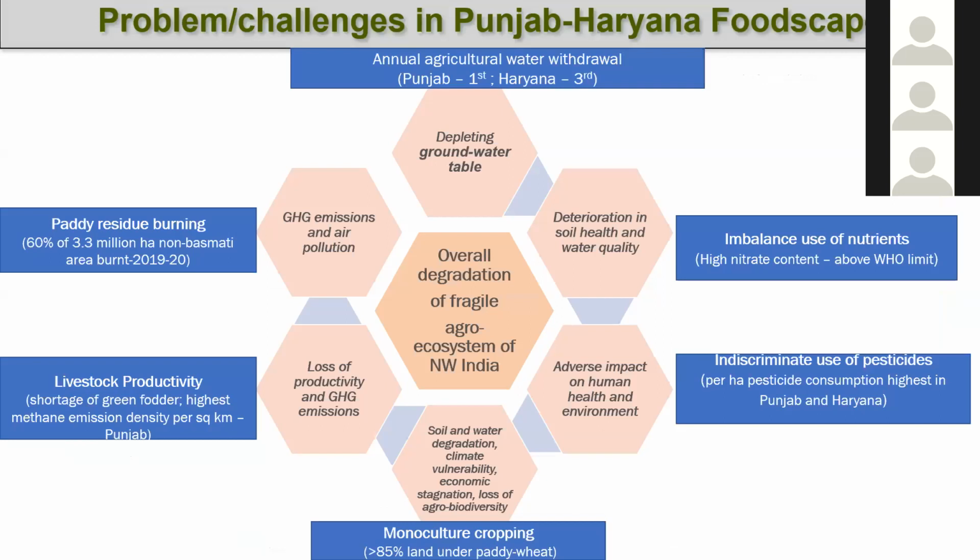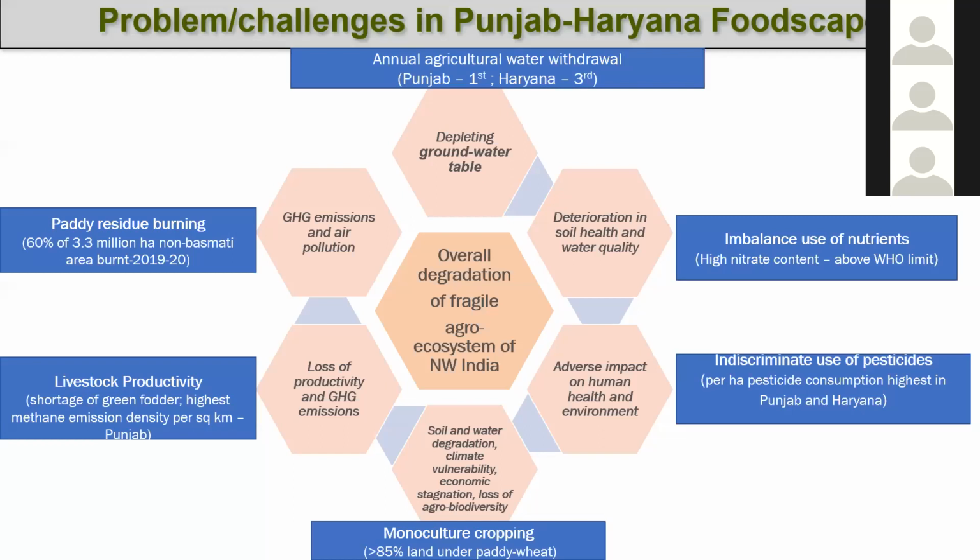We call Punjab and Haryana a foodscape, because it is a site of the green revolution, where sufficient food is being produced. There are a lot of issues in this region: groundwater table depletion, soil health and water quality, indiscriminate use of pesticides, imbalanced use of nutrients, and monocropping because of paddy and wheat, to which more than 80% of the land contributes.